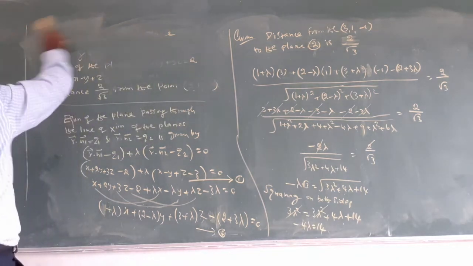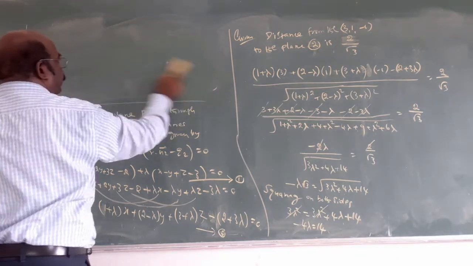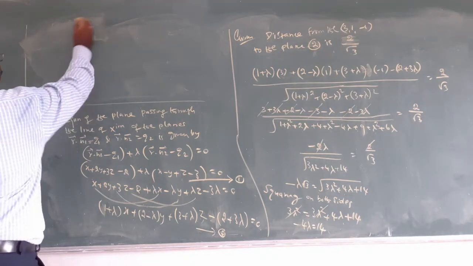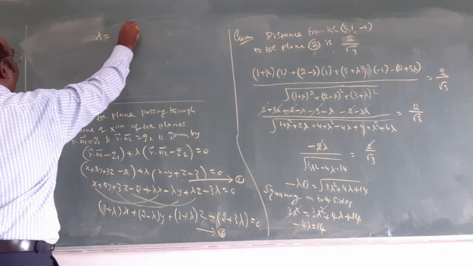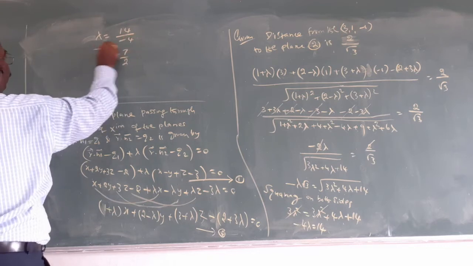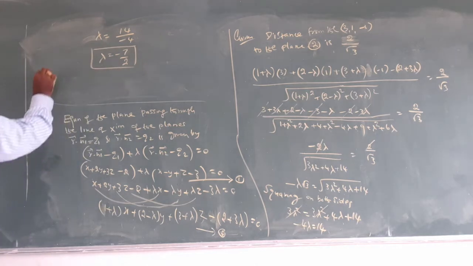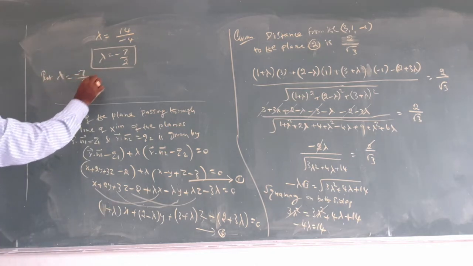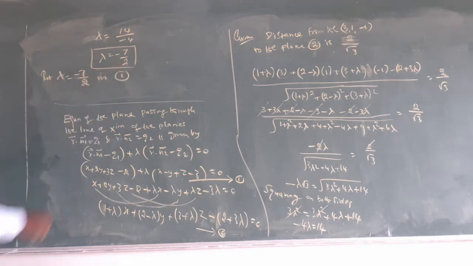Now, to find the lambda value: lambda equal to 14 by minus 4, cancel, minus 7 by 2. This is lambda. Put lambda equal to minus 7 by 2 in the first equation.